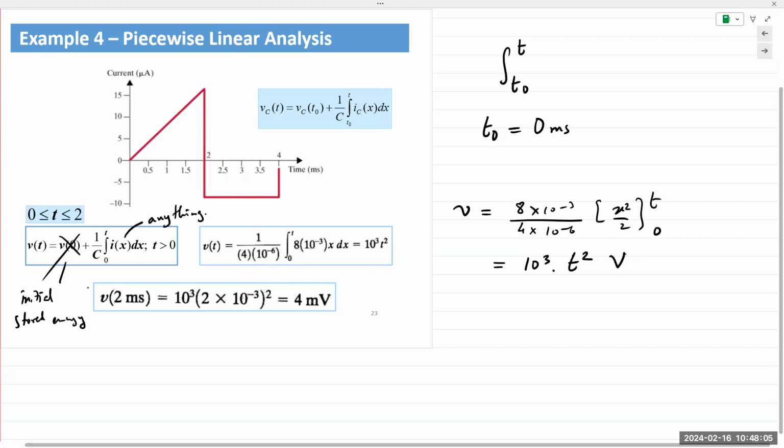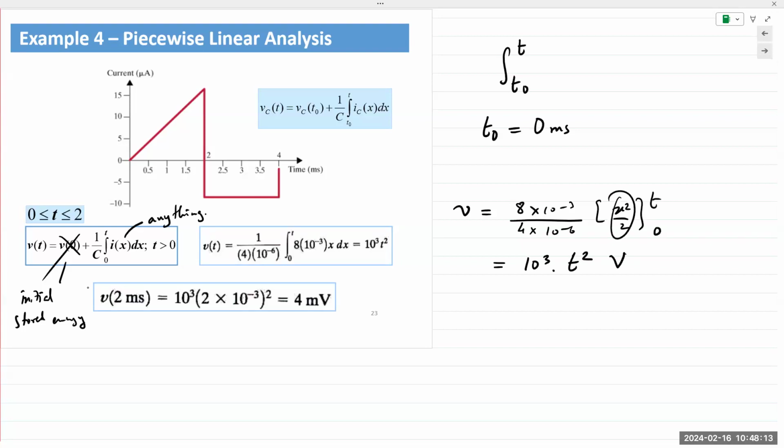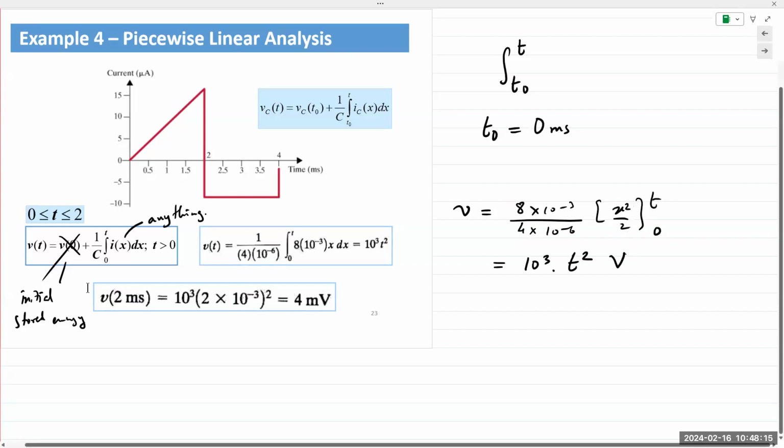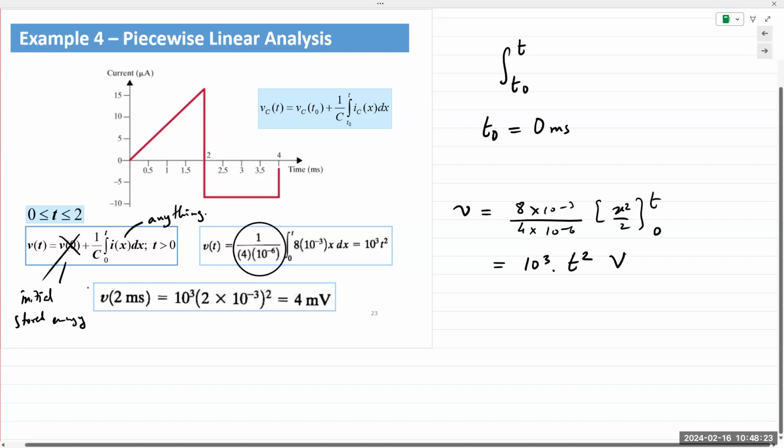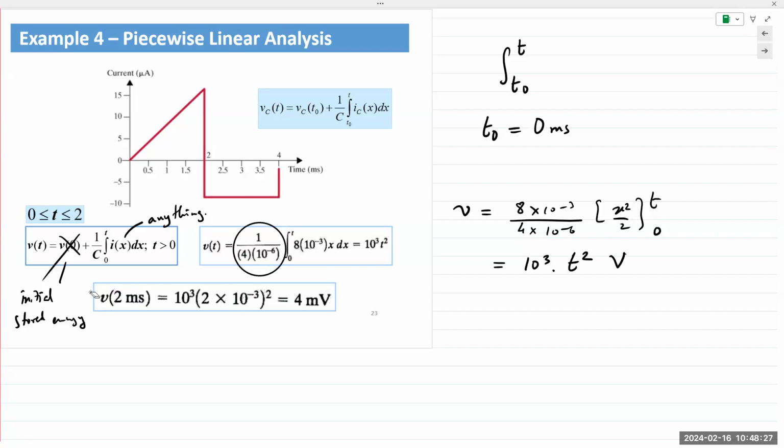No, C, sorry, where? R1 over C. This? For our capacitance, we just reflect it when we're doing that. Capacitance is right here. 1 over 4 microfarads.